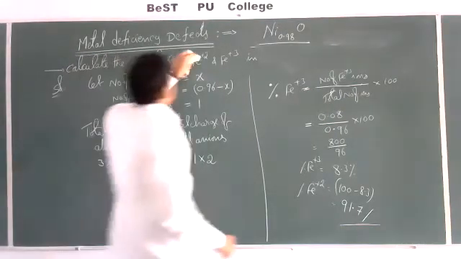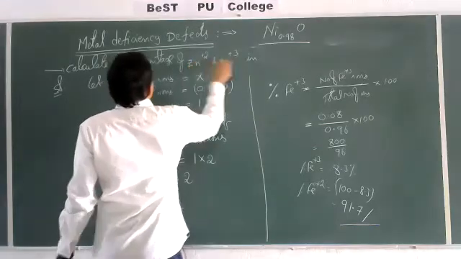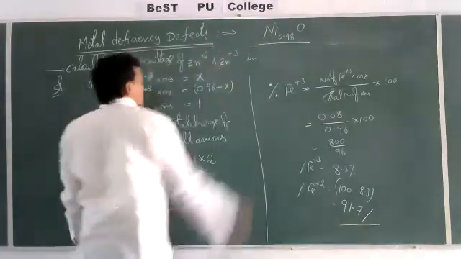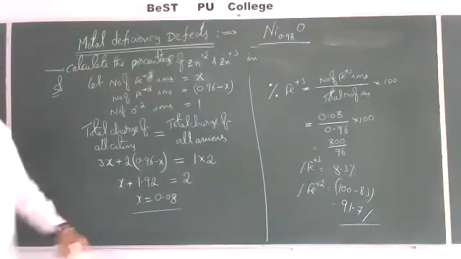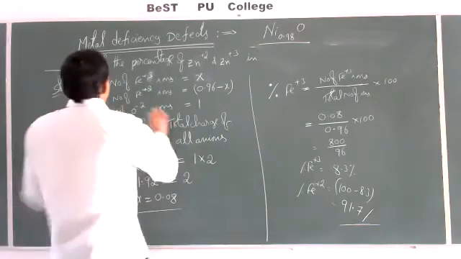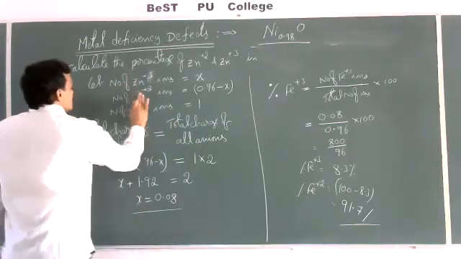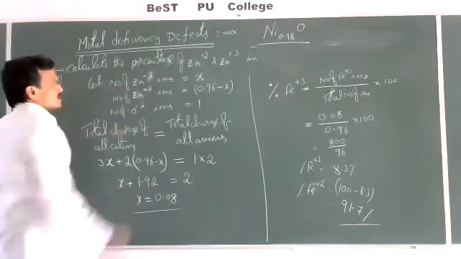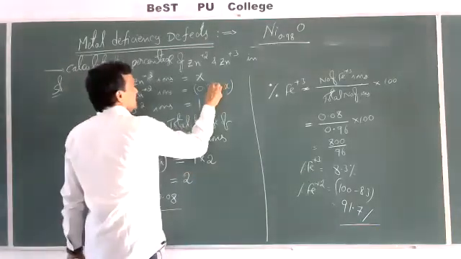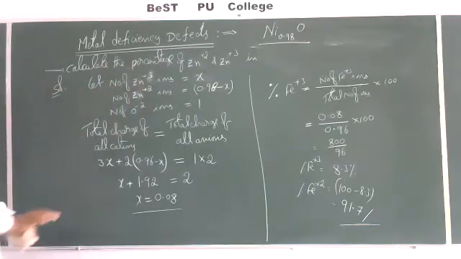Here we have to calculate the percentage of Ni plus 2 and the percentage of Ni plus 3. Let the number of Ni plus 3 ions be X. Let the number of Ni plus 2 ions be 0.98 minus X. The number of oxide ions is 1 as it is.